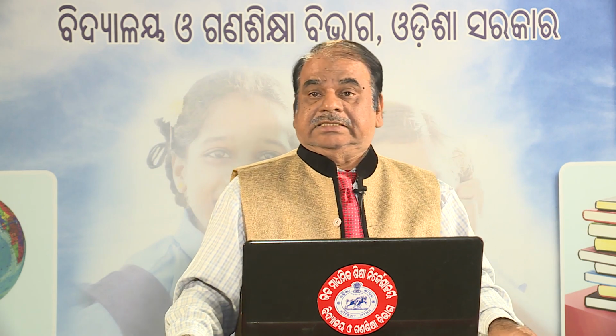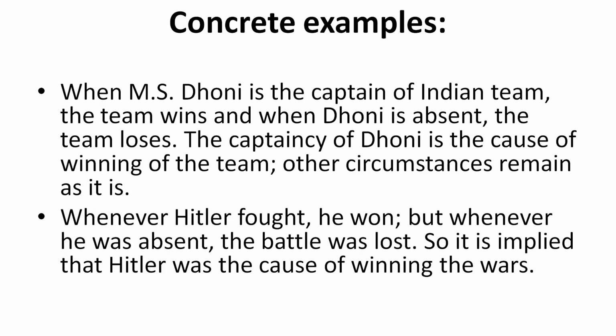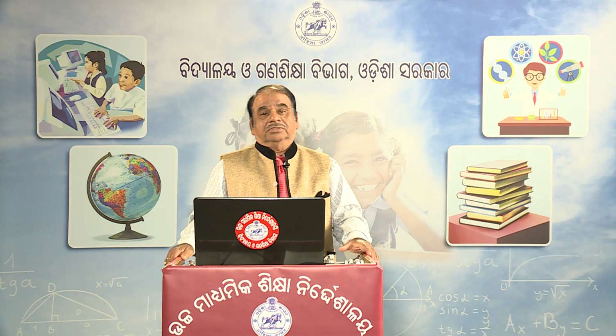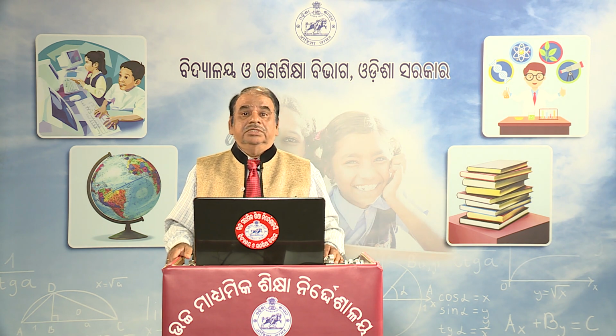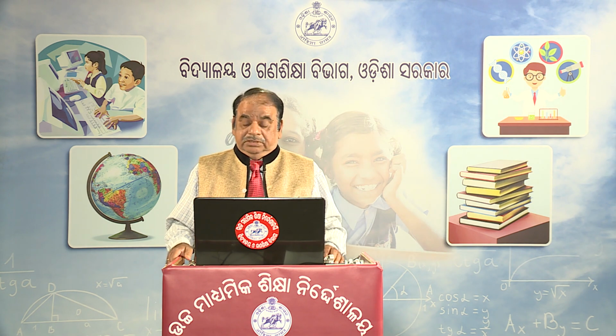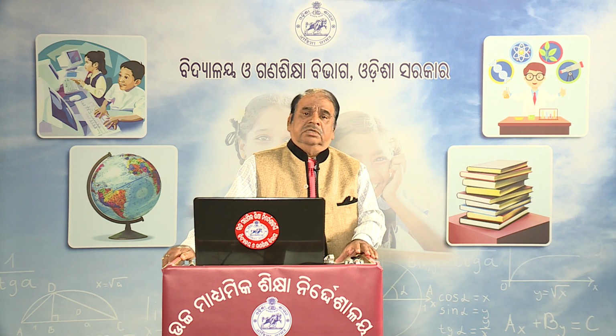Let us take another example of this. Whenever Hitler fought, he won, but whenever he was absent, the battle was lost. So, it is implied that Hitler was the cause of winning the wars. Here also we have taken both positive and negative instances into account in order to reach the causal relationship. We can also see numbers of examples in our day to day life.